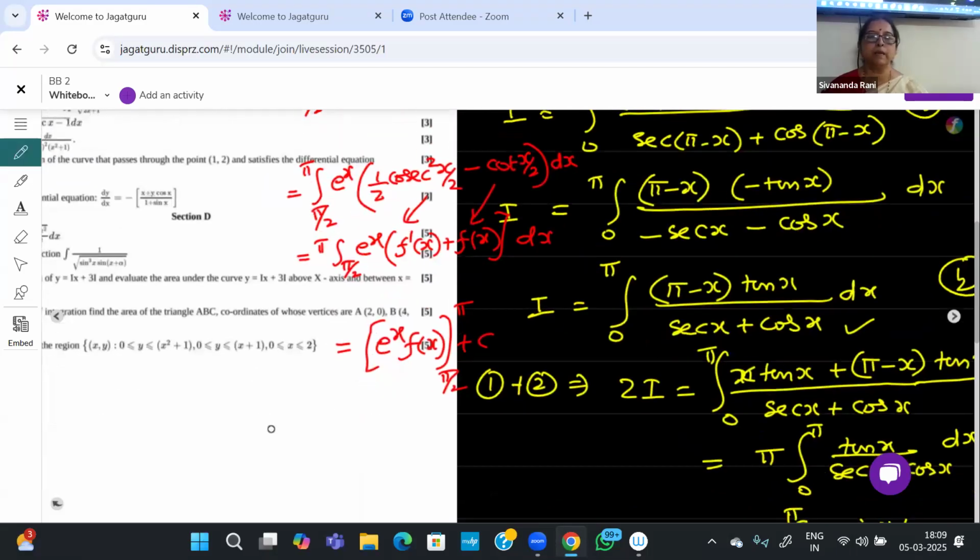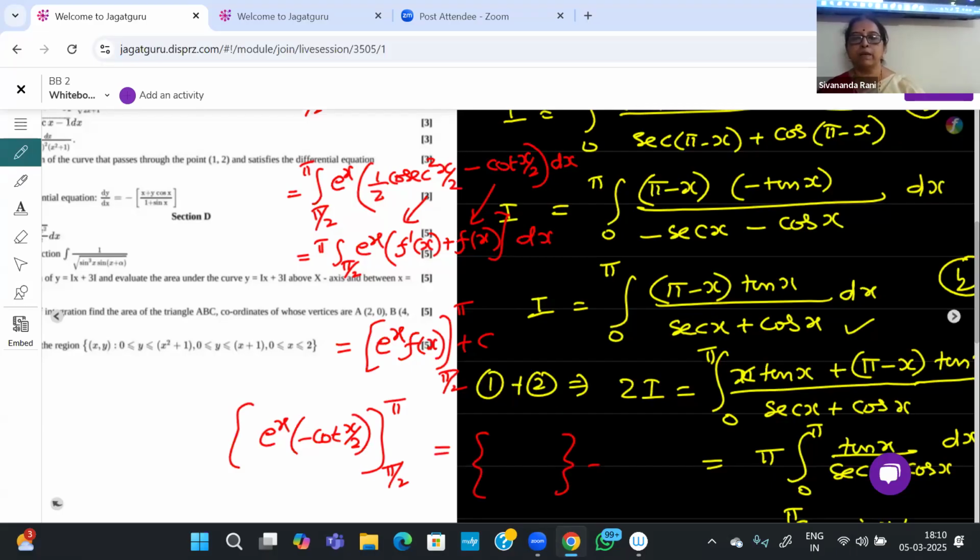That being the case, f of x being minus cot x by 2. Can you substitute the limit and see what it is? What is it in the upper limit? What is it in the lower?